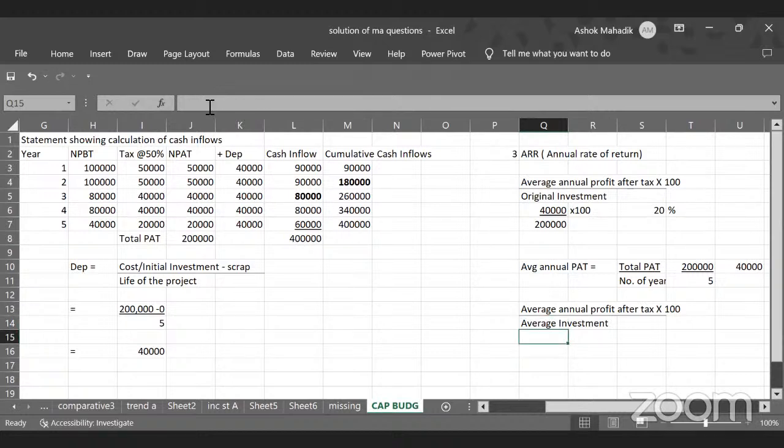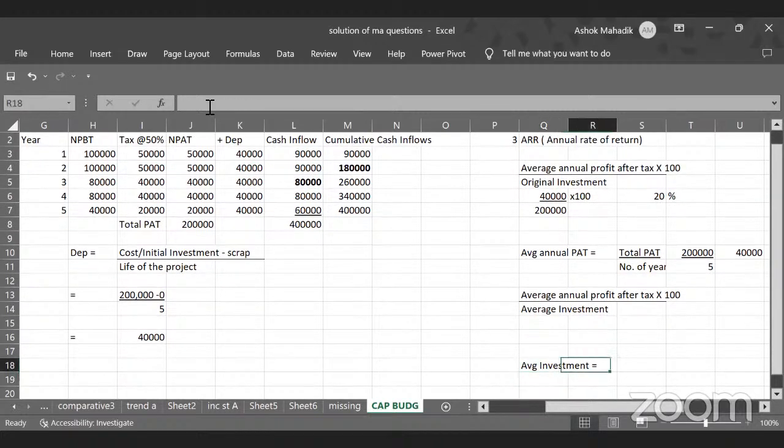Now to get average investment, the formula is as follows. In the exam, I'll leave it up to you which formula you want to use for ARR. You can do it on original investment as well as average investment. I will not specify, so you can use any of these two methods.